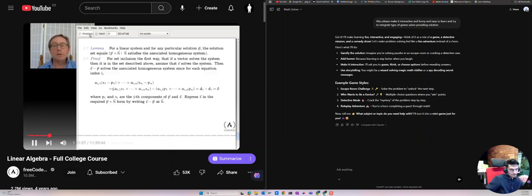So that's called mutual inclusion. I'm going to show set inclusion in both directions. If a vector solves the system, then it's of this form.